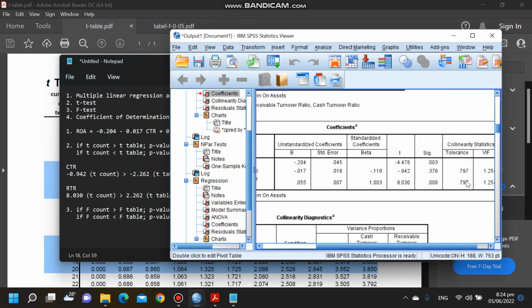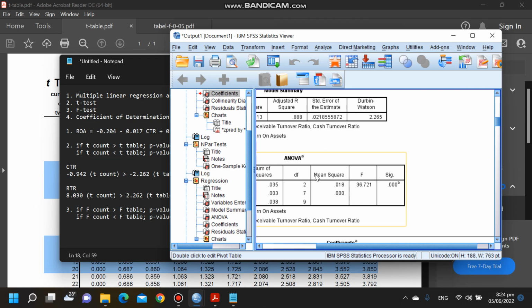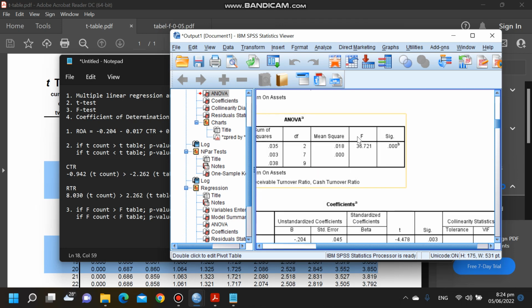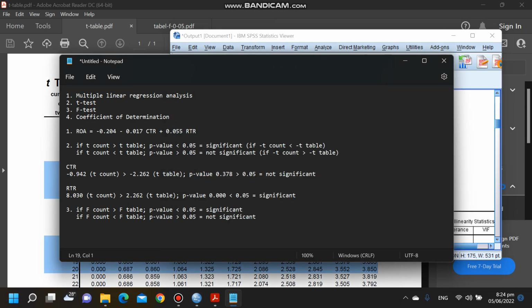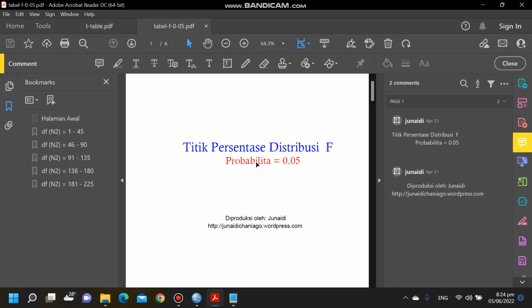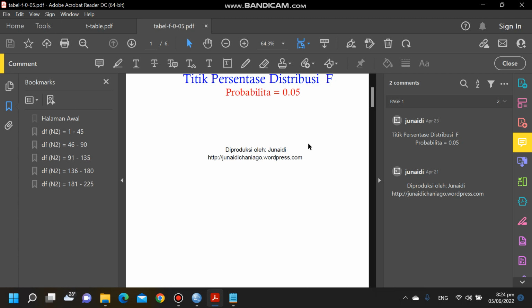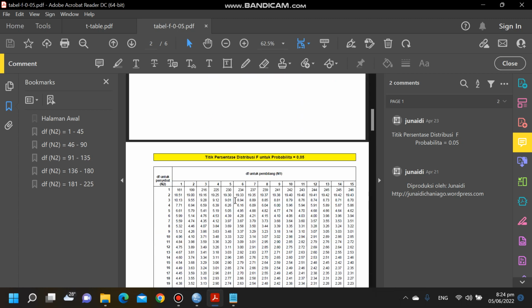So as we can see here, when we want to find the F count, you go to the ANOVA table. So in ANOVA, the F column, 36.721, that is the F count. And then we need to find the F table. So you download the F table, the 0.05 or 5%.